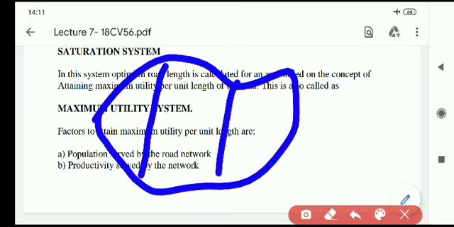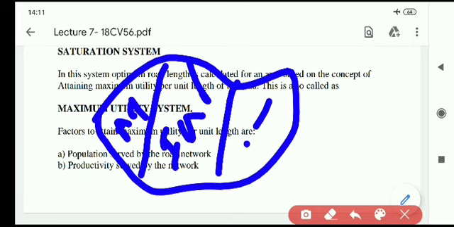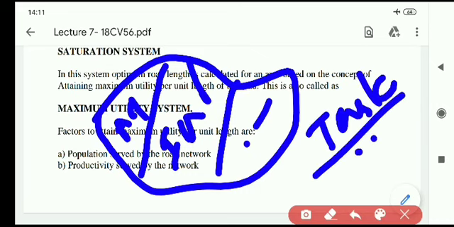But these areas contain many activities: industrial, agricultural, commercial, residential, all different types of features. But if a task is assigned to develop this city or study area, there should be some consideration for its development. So the concept considered here is maximum utility per unit length of the road.